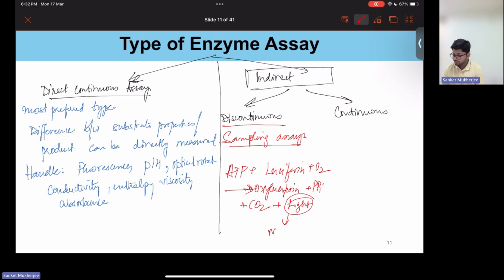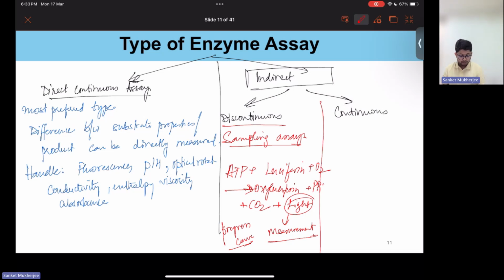This light is the measurement value, which is luminescence essentially. But here we cannot determine the initial progress curve because we will have the entire reaction processed. Whatever the amount of ADP is produced in the end, we will use that for sampling assay.